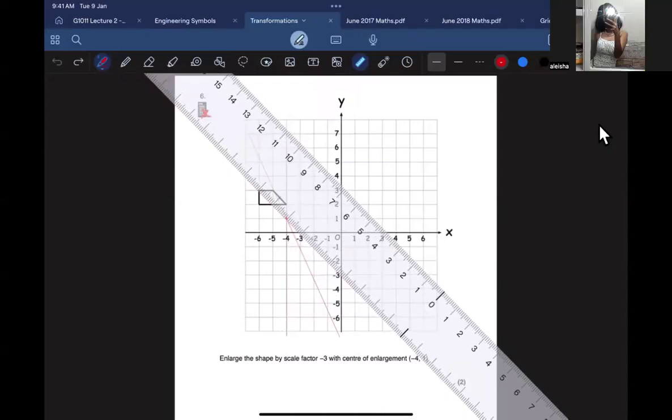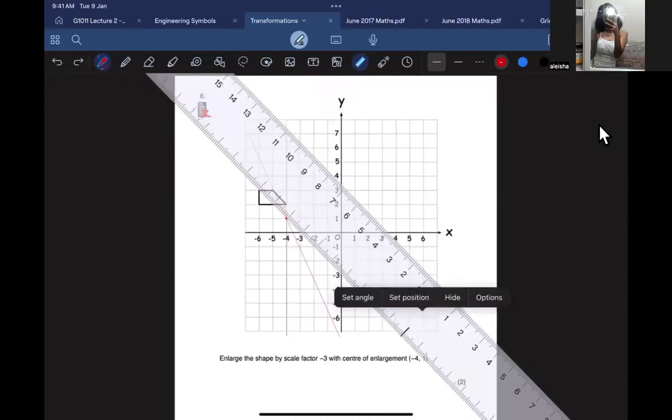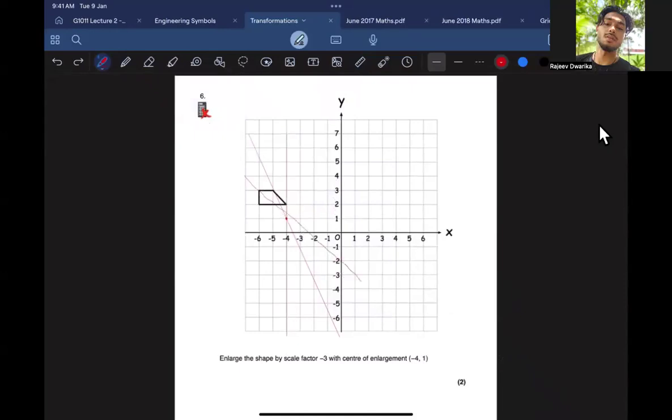You should probably lengthen it out. See, notice how long my lines are.